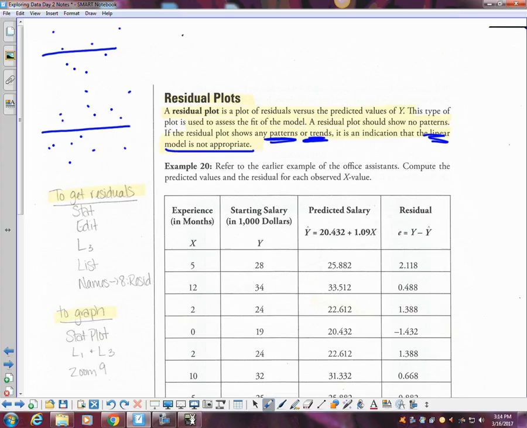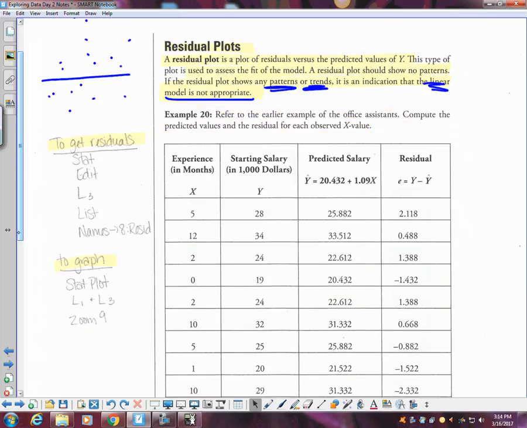Okay, so I want you to practice finding your residual plot. You're going to go to Stat, Edit, L3. You're going to go to List. Under Names, number 8 is Residual. That gets all the differences and puts them all in your L3.